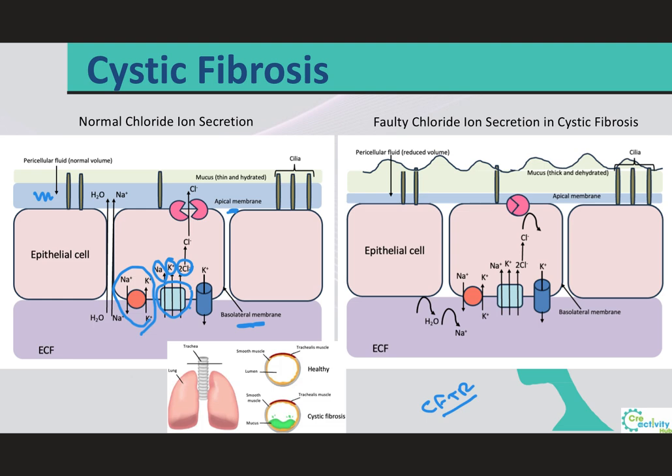The chloride ions then will leave the cell through the chloride channel, which is the CFTR, in the apical membrane, as we can see over here, and then it will enter into the periciliary fluid. Now, the movement of chloride ions actually creates this electrical gradient that will cause sodium ions to flow from the extracellular fluid, represented here by this purple area, which we can see over here written ECF, into the periciliary fluid by passing between the cells, as we can see over here.